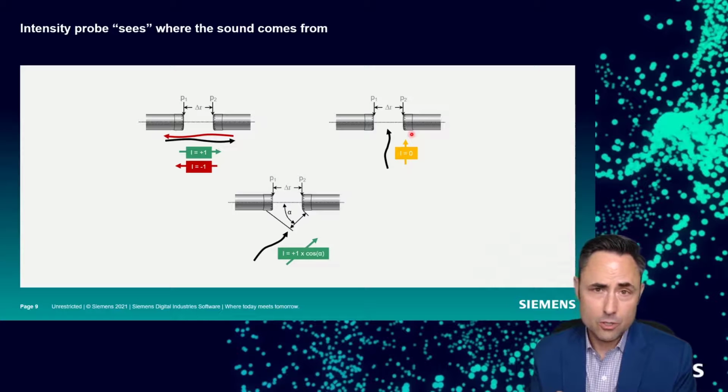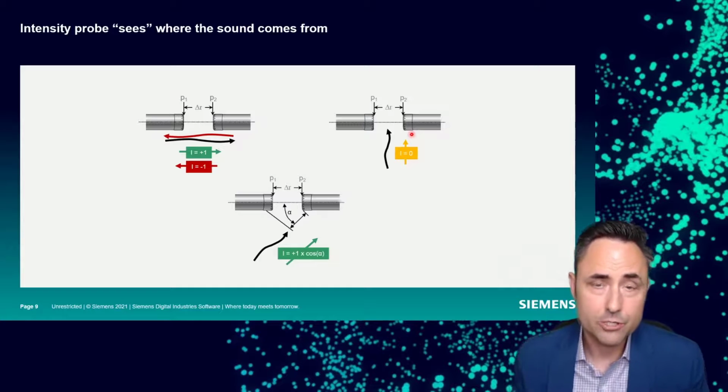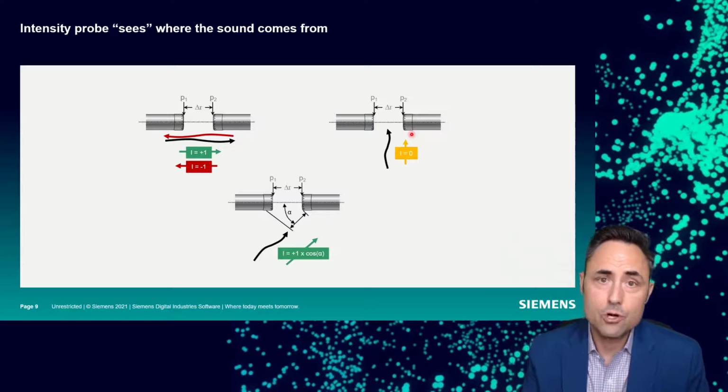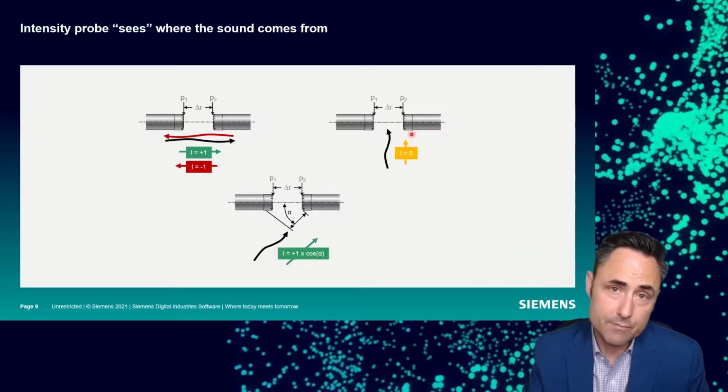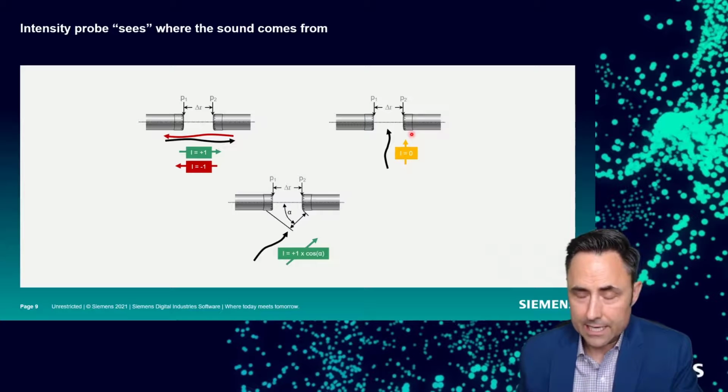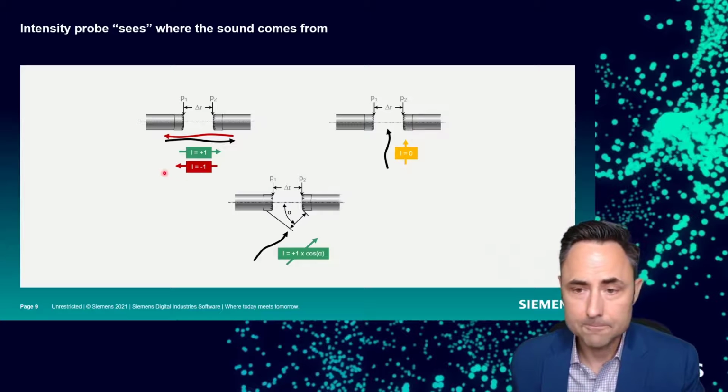An intensity probe really only measures in one axis, right along the axial direction of our two microphones for a face-to-face probe. So it's really important to be careful how we're holding our intensity probe, making sure we don't rotate it over time or from measurement to measurement. We want to make sure that they're exactly the same if we can help it.